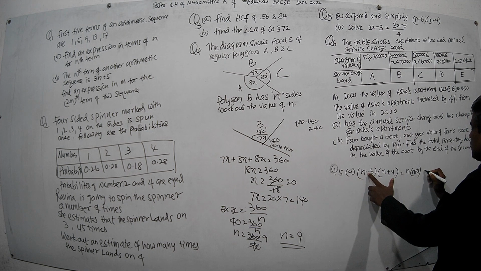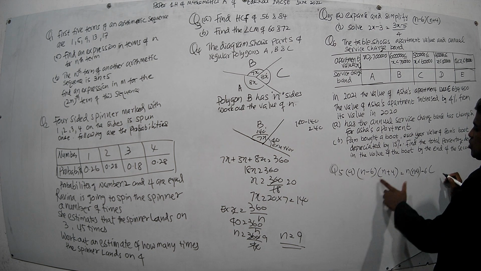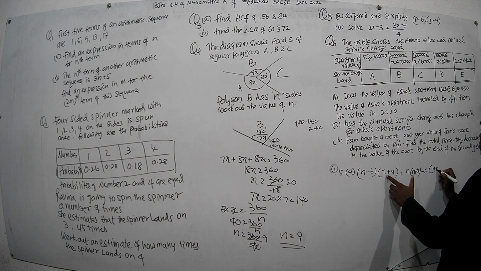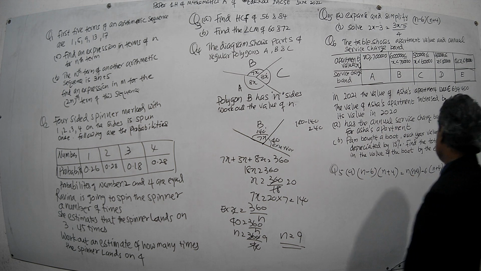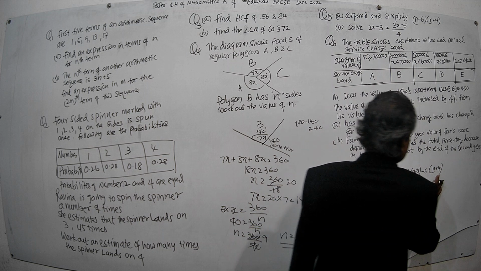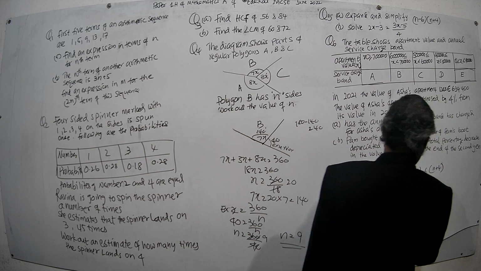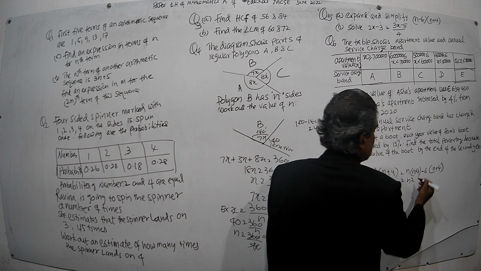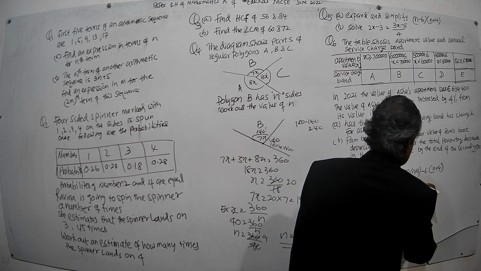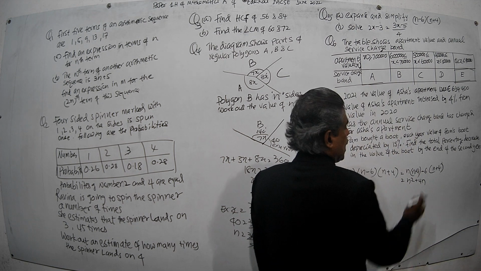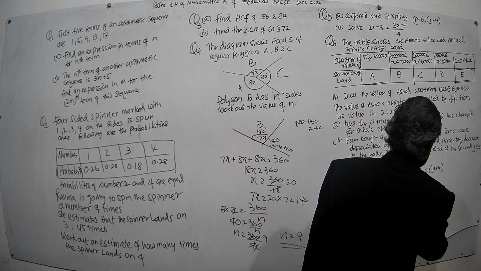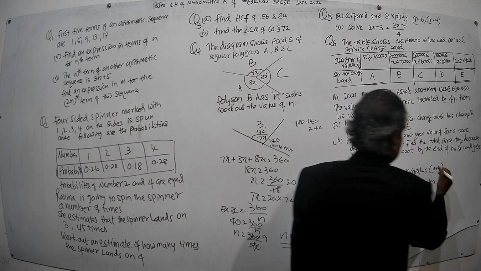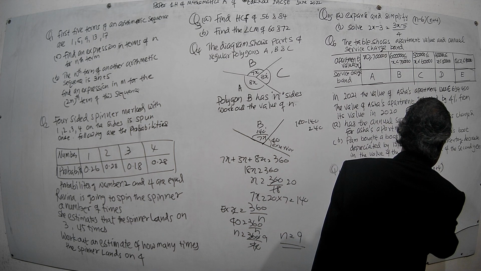Then by this minus 6, you multiply both terms in n plus 4. Then n times n is n squared, n times 4 is plus 4n. Minus 6 times n is minus 6n. Minus 6 times 4 is minus 24.